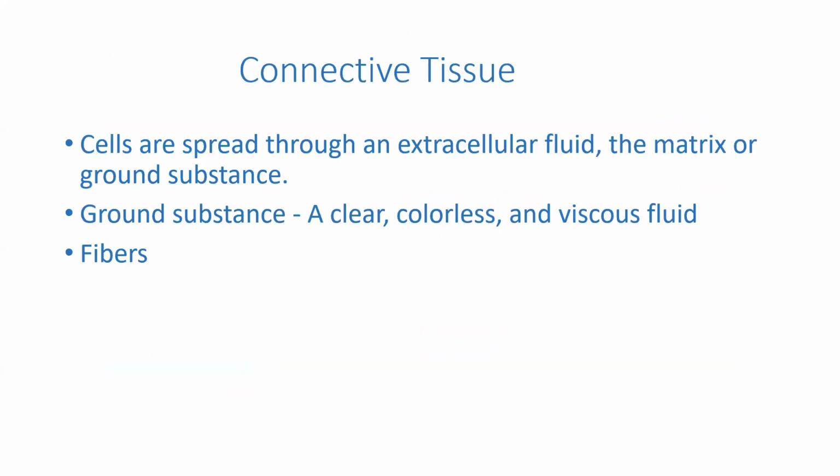Now the next topic, connective tissue. This isn't going to take very long. Connective tissue has 3 criteria. It has to be living cells in a matrix that can either be a solid, a liquid, or a gel, with fibers of some type.